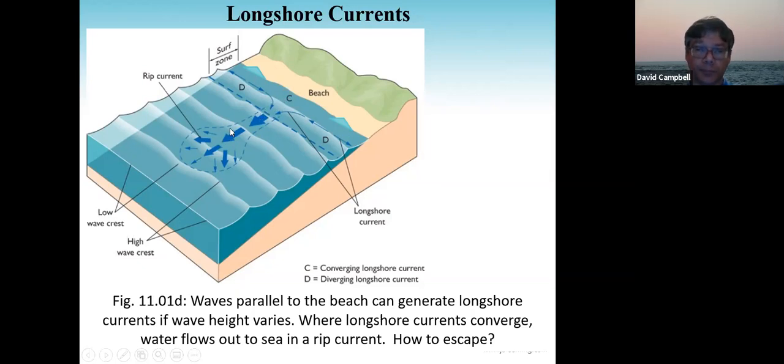So this is a problem. Okay, how do you escape from it? Well, if you try to swim straight back against it, the current's going faster than you can swim. So you're just going to get tired out that way. That's not very helpful. But it's narrow.